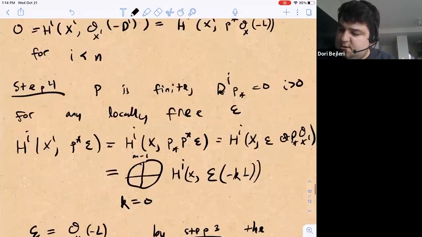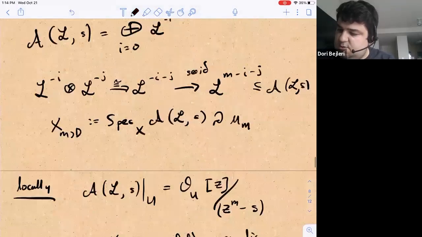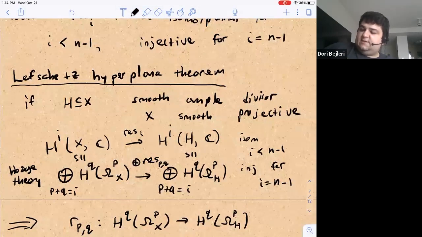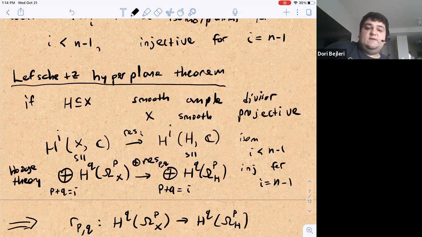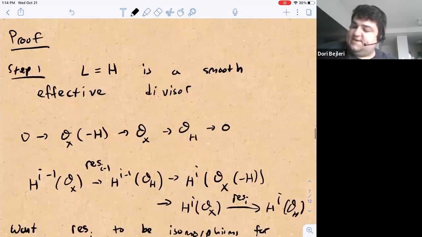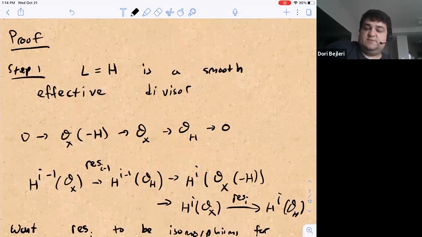We saw up here that in the Lefschetz theorem, we actually do have that these restrictions are surjective for any of these cohomologies of sheaves of differentials, or isomorphisms and injective in the right ranges. So basically the only difference is you need to replace this exact sequence, in the case where you actually have a smooth divisor, with some exact sequence that involves omegas instead of just O.